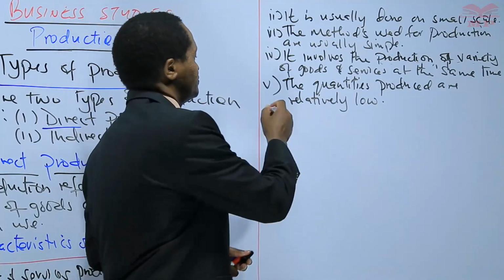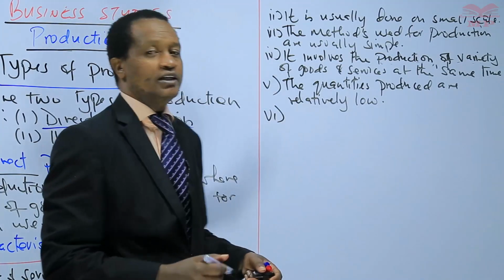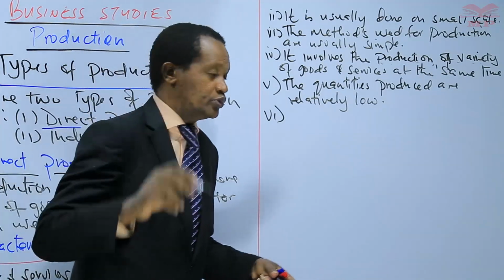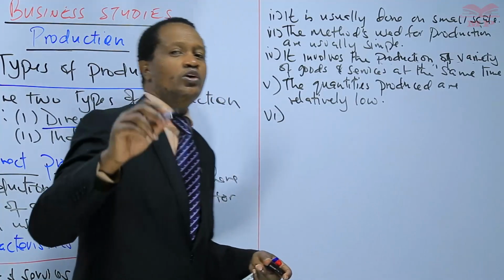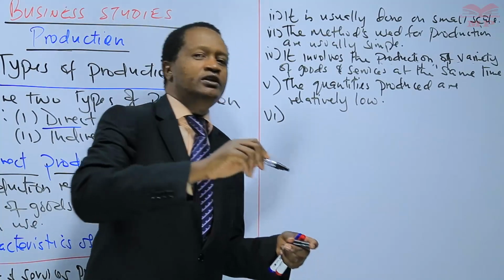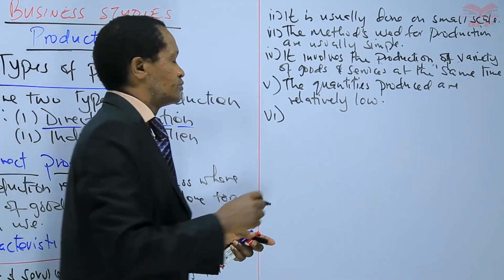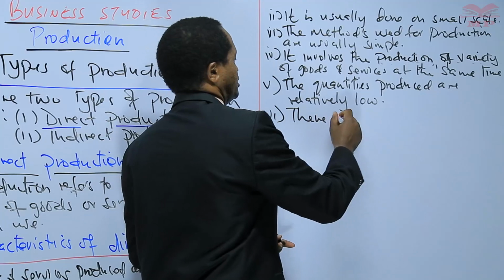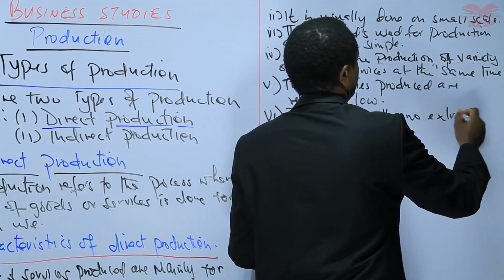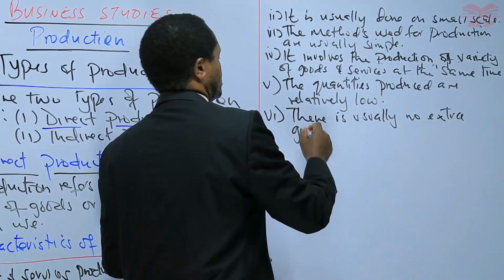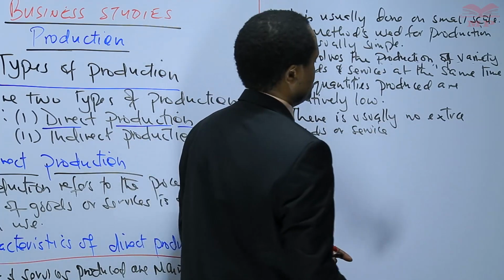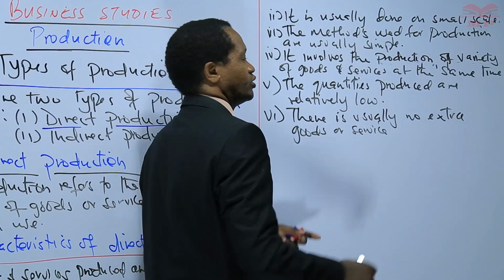Then lastly, learners, there is usually no extra goods or services produced, or what we call surplus.